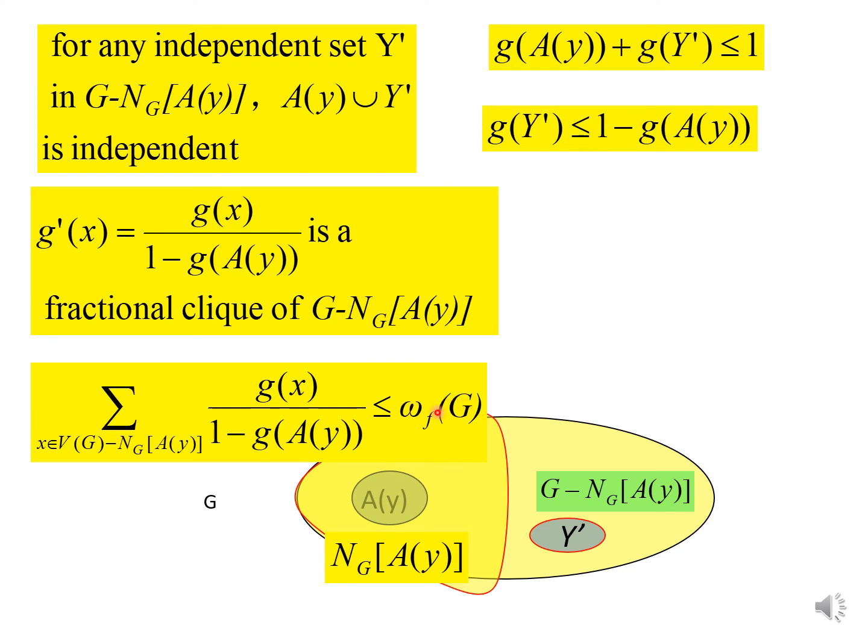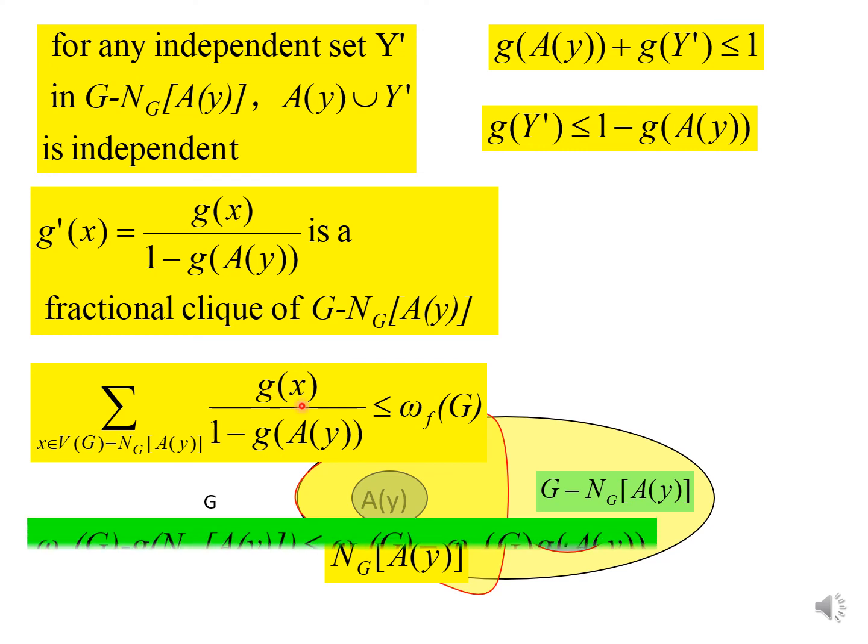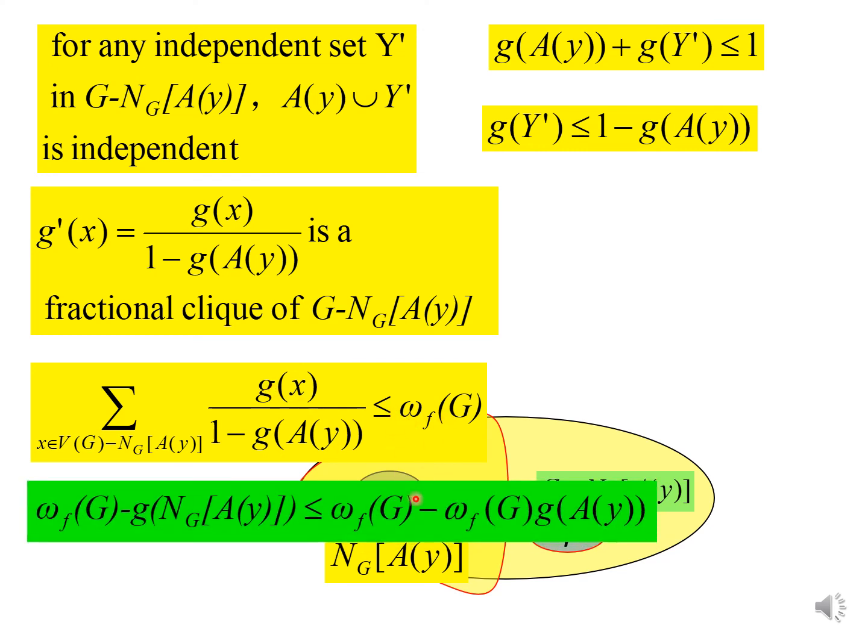Now, for this summation, this is a constant. I multiply to this side and then sum up the weight of X. On the right hand side, this is 1 times this, and this is g(A_Y) times this. So the right hand side is this. The left hand side is the summation of g(X) over these vertices.